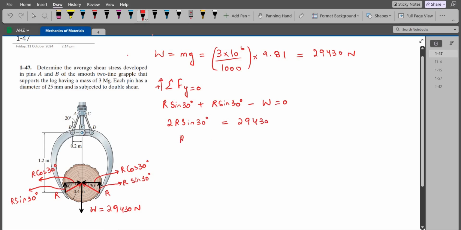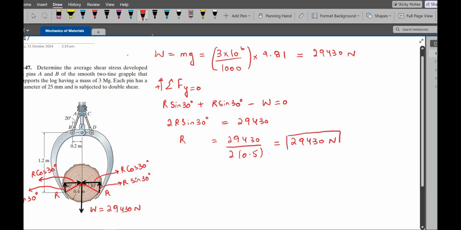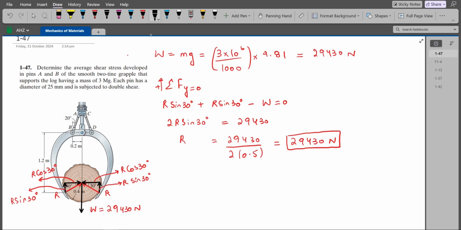So R comes out to be 29,430 divided by 2 times sin 30, and the value of sin 30 is 0.5. So R comes out to be also 29,430 newtons.